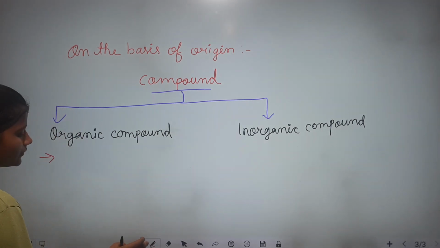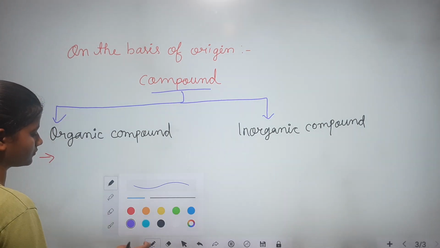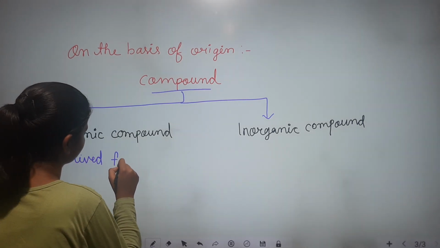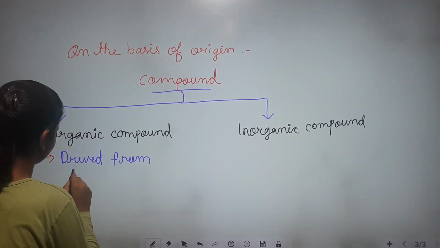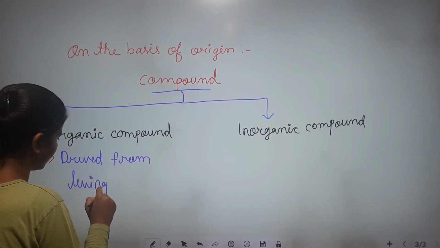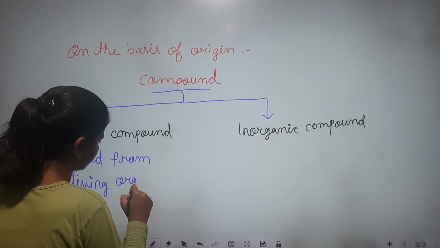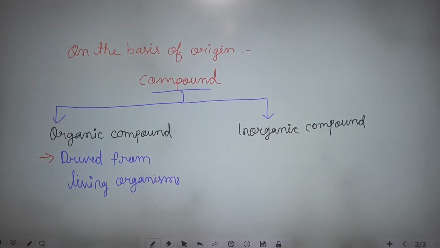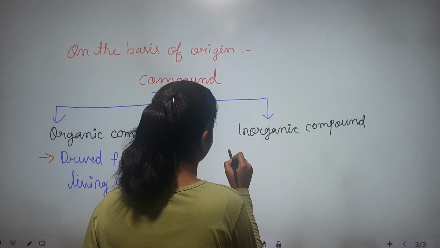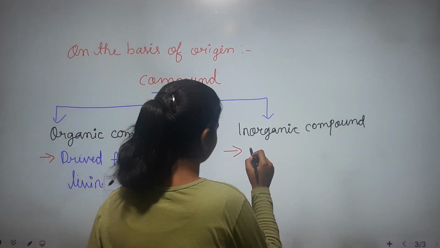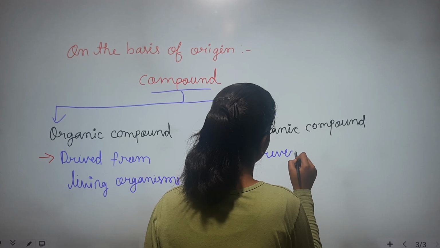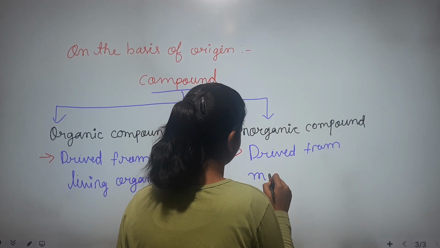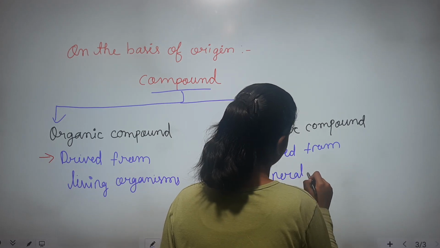Organic compound is derived from living organisms, and inorganic compound is derived from minerals.